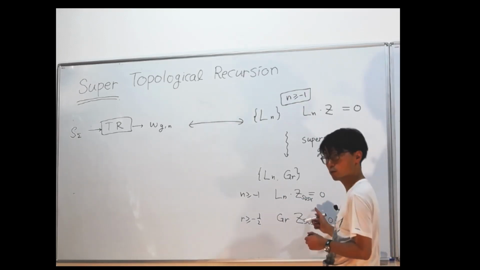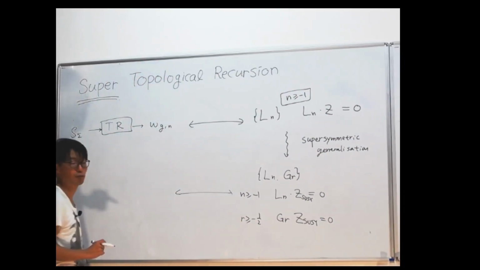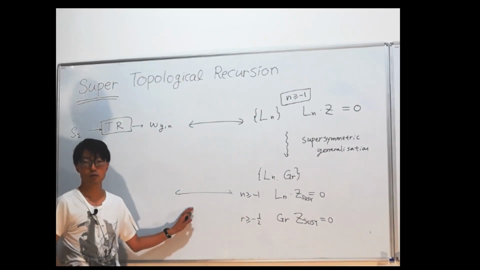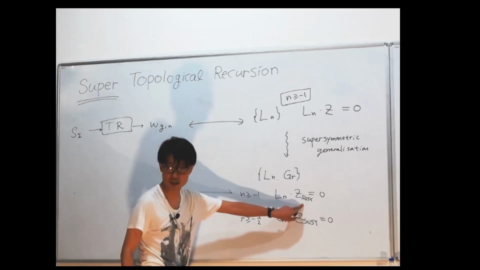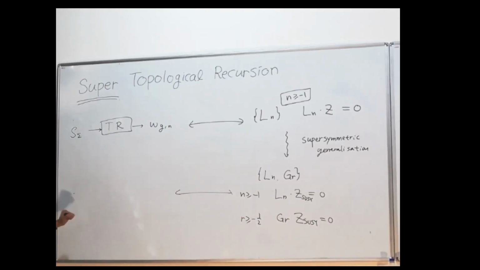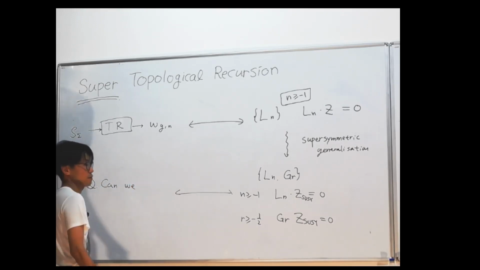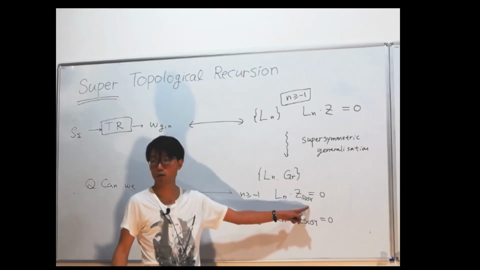And if you find one, can you find a corresponding geometric interpretation that computes basically this guy, but in terms of some geometric data? This is basically the goal. So the first question, of course, is can we find such an object?